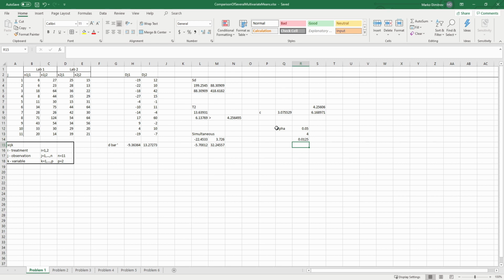So alpha divided by 2p, which is 2 times 2. Then we need our inverse with n minus 1, so 10 degrees of freedom. So we get 3.04. Okay, so Bonferroni.